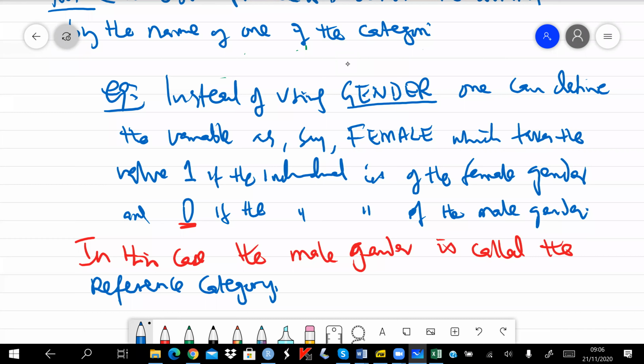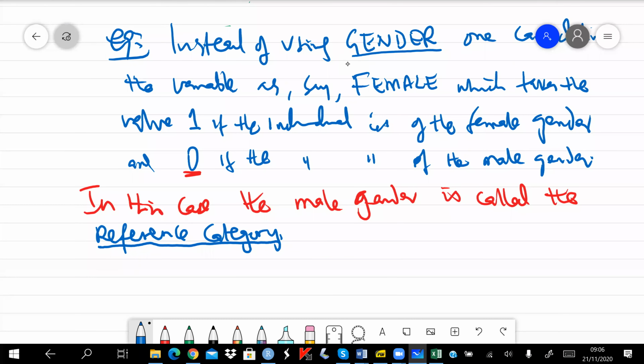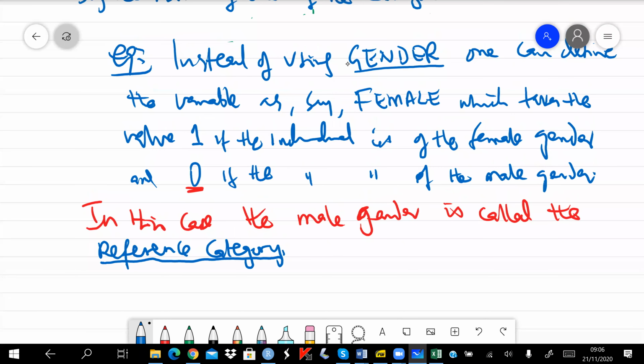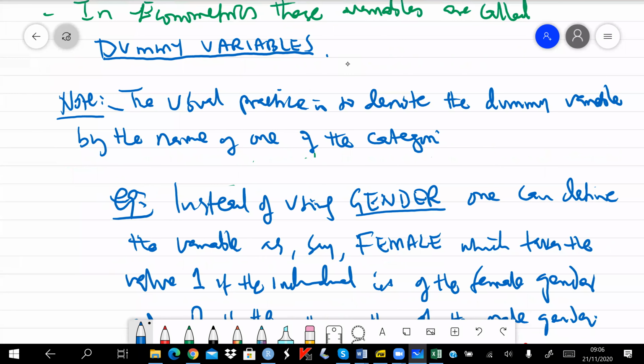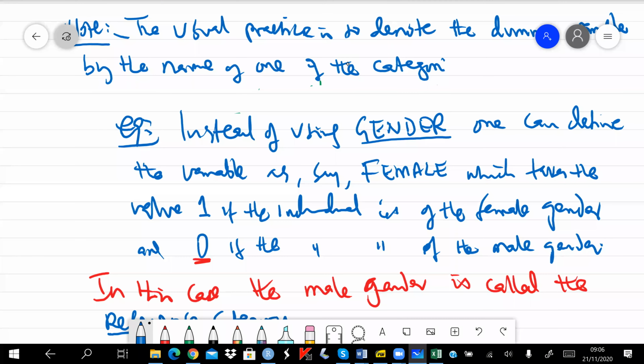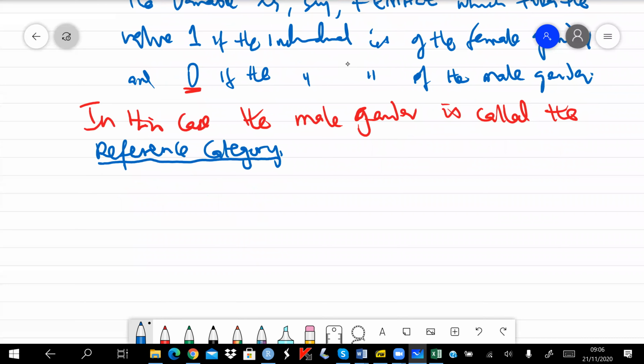So in short, we set one of the categories as a reference category. Basically, those are what you call qualitative or categorical variables. It's good for you to note the concept of dummy variables, because we shall be using them in the next session.